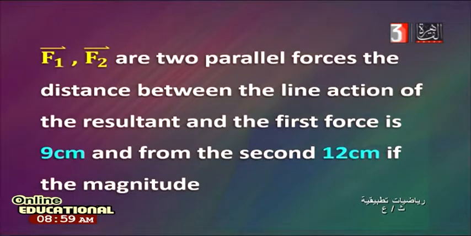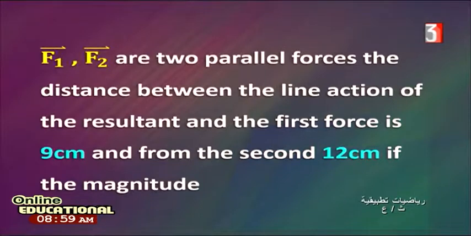My dear student, look at the important example. F1 and F2 are two parallel forces. The distance between the line of action of the resultant and the first force is 9 centimeters, and from the second, 12 centimeters. Remember, we have two parallel forces, F1 and F2.